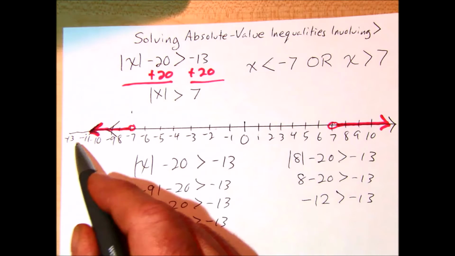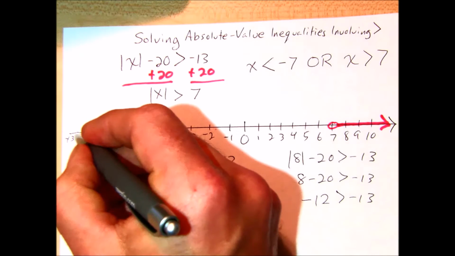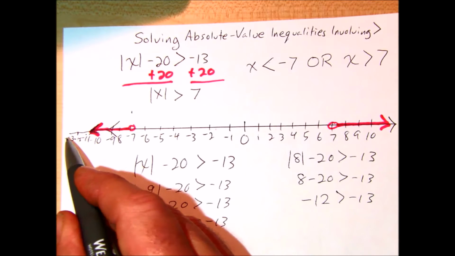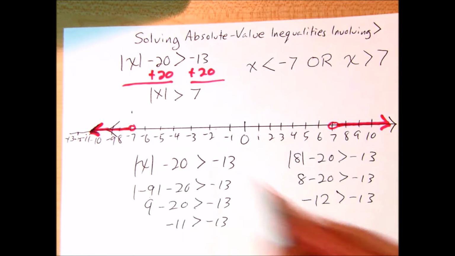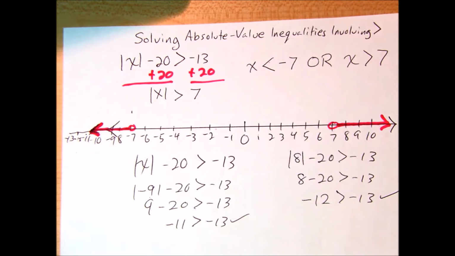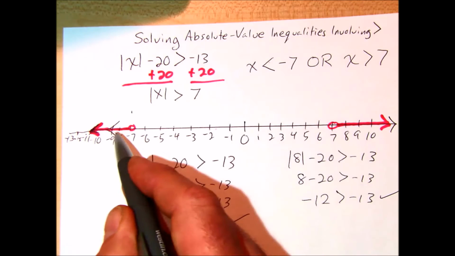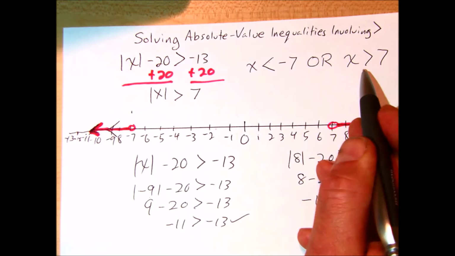And of course, that's the same situation. So negative 12 would be here. So negative 12 is a greater value than negative 13. So those are both true. So I can be certain that my graphing is correct and my compound inequality is also correct.